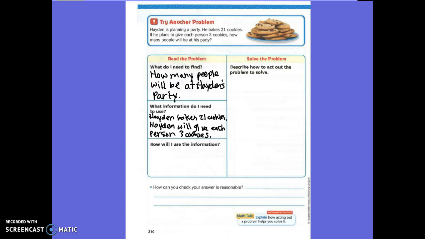How will I use this information? Using the same sentence from the previous page, which is what? I will act out the problem by making equal groups of counters.